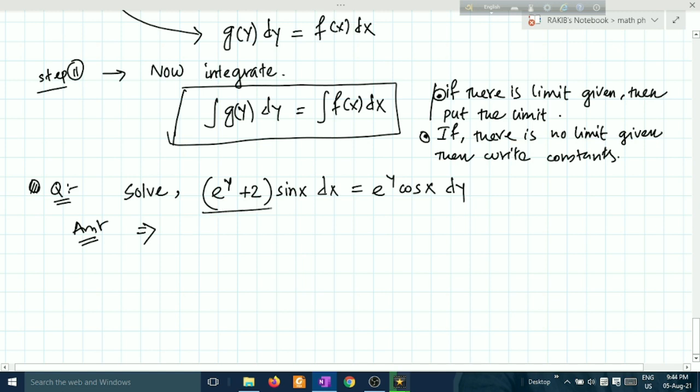In this term you can see this is a function of y, e to the power y plus 2, and this is a function of x, this is dx. Therefore there is an inhomogeneity on this side; it contains functions of y and functions of x. Therefore you have to do step 1 first. What is step 1? Step 1 means separate the variables.